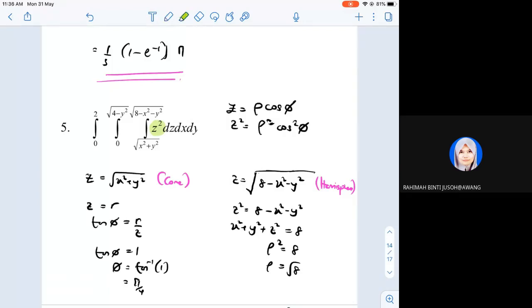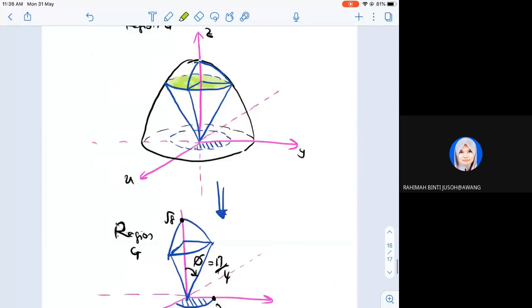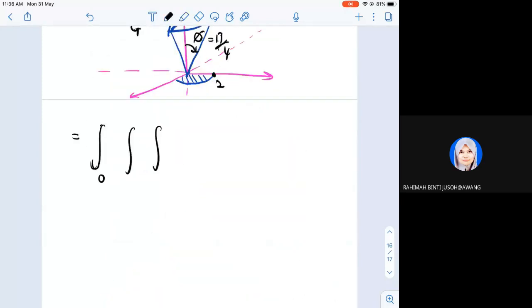So here, kat tengah-tengah ni adalah rho squared cos squared phi. Macam tu. Darabkan dengan rho squared sin phi d rho d phi d theta. 5 terms tadi tu.